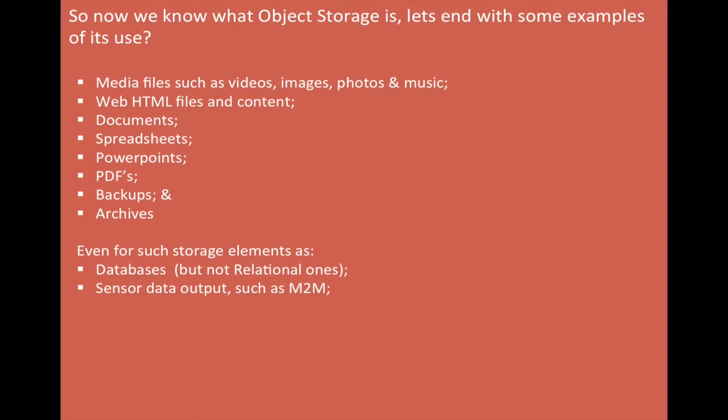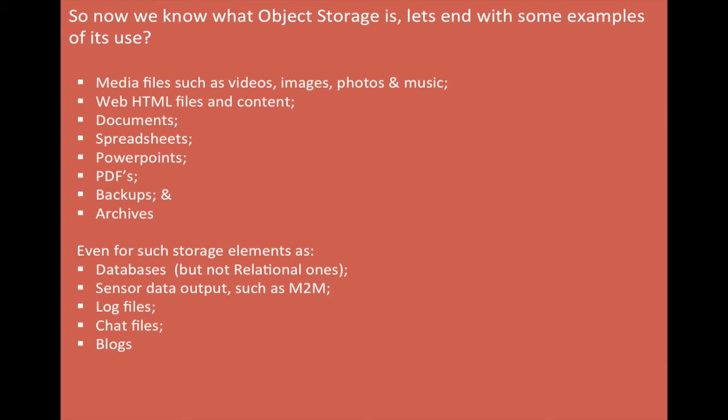Sensor data, if you have lots of security cameras around a building, then having an object storage at the back end to take those images and videos, or sensor data such as the door open, the door closed in machine-to-machine world, fabulous for that. Log files, chat files, and finally blogs. So it's really, really useful because of this scale and because of this near infinite capability and the flatness and the self-describing.